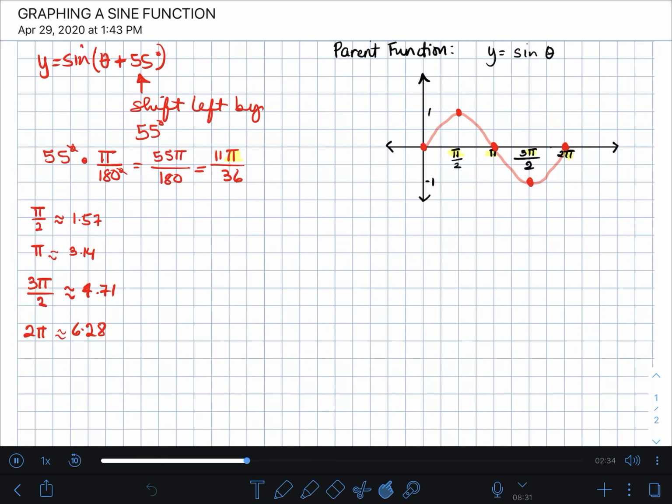Let's see. I'd like to use the intervals, 2 spaces for my interval. It's 1, 2, 3, 4, 5, 6. Oh no, I need more.